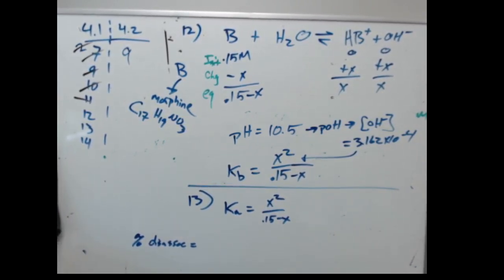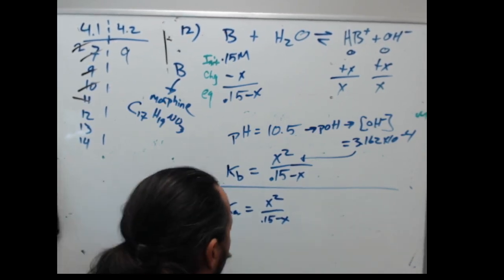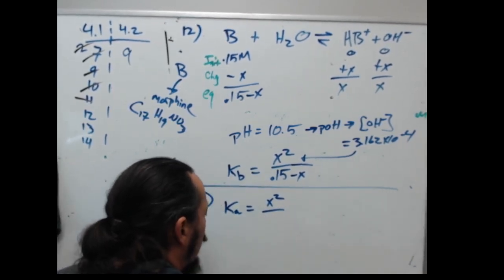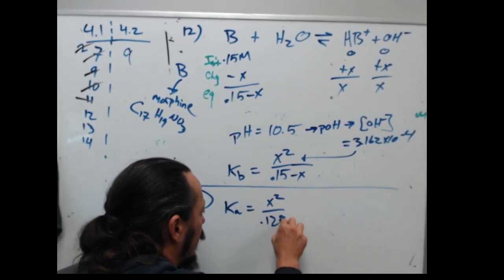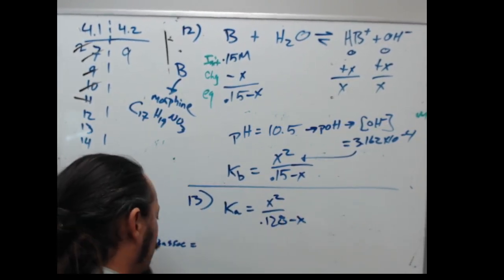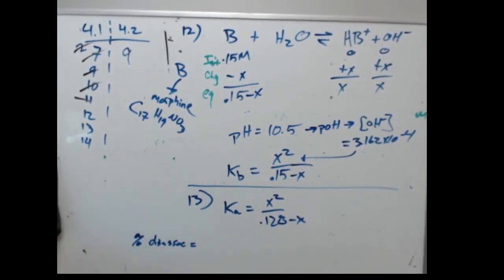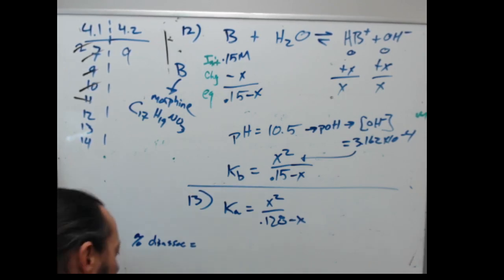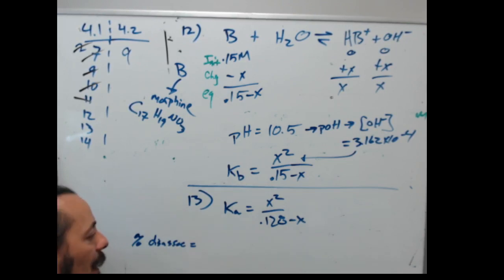We're given the initial concentration. It's not 1.5, sorry, it's 0.128 for me. What do you think disassociation is going to relate to, Ka or X? X. Yeah. So let's think about this.